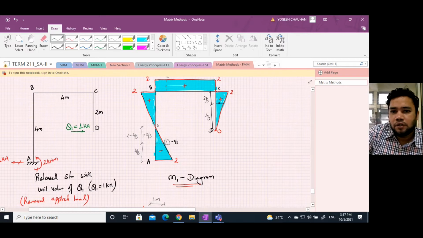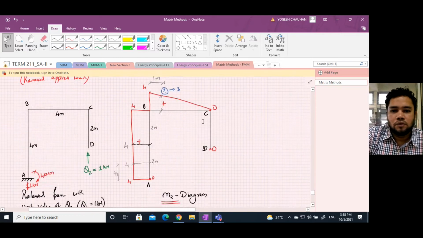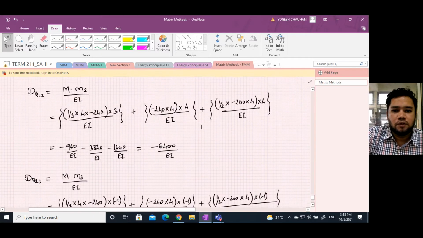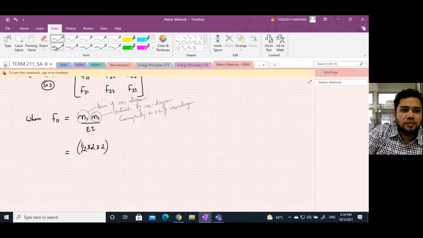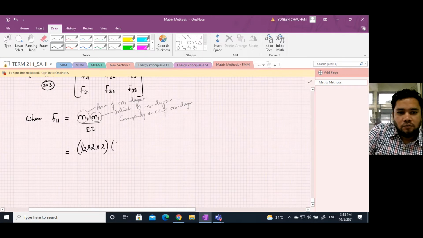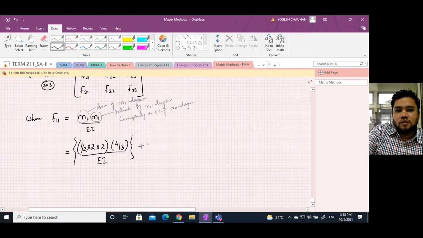So the corresponding coordinate in the same diagram will be 4 by 3. So it will be 1 by 2, 2 into 2, this is plus 2, multiplied with 4 by 3 divided by EI.